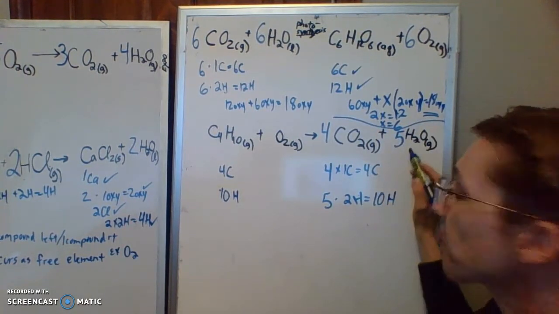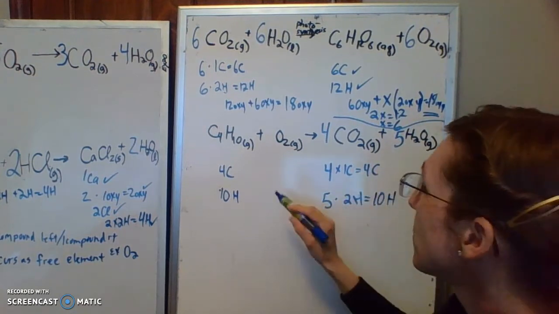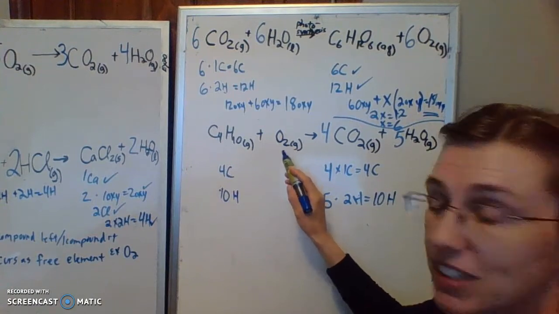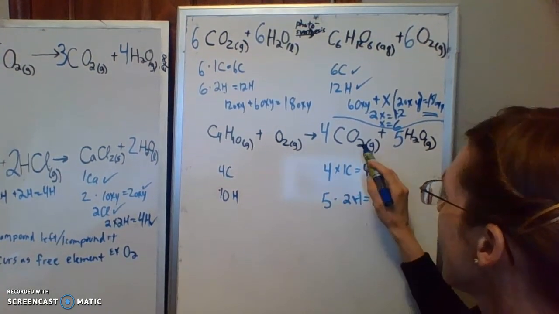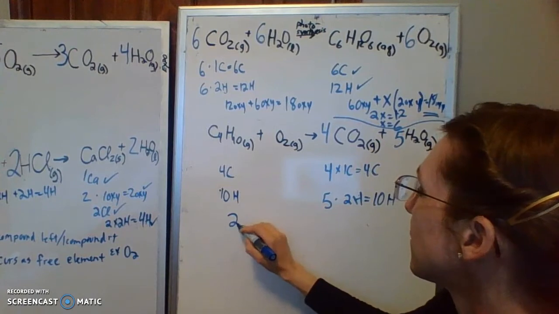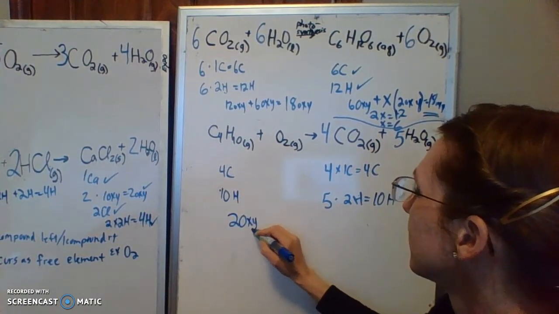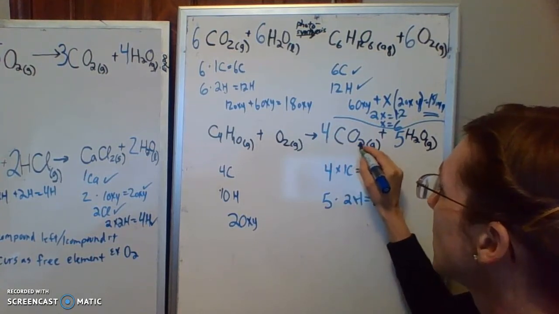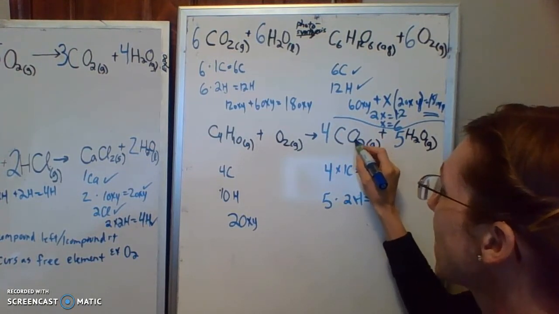Now the one thing we haven't balanced are the oxygens. This is a free element, so it makes sense to do that last. So this one comes in sets of 2. And over here, we've got 4 carbon dioxides, each one having 2.